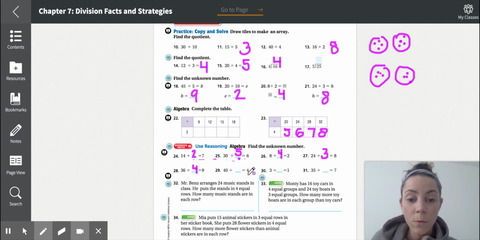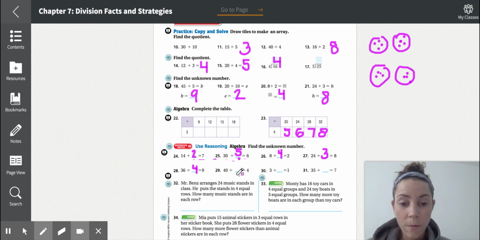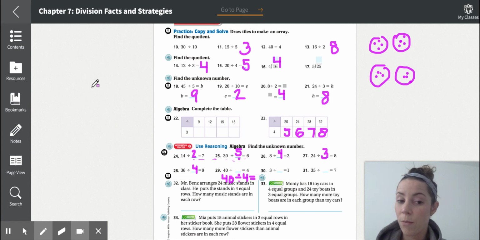Okay, now this one, we're going to flip-flop it. 40 divided by 4 equals blank. Okay, so if I took 40 and I put 4 in each, or I made 4 groups, how many would have to go into each one?